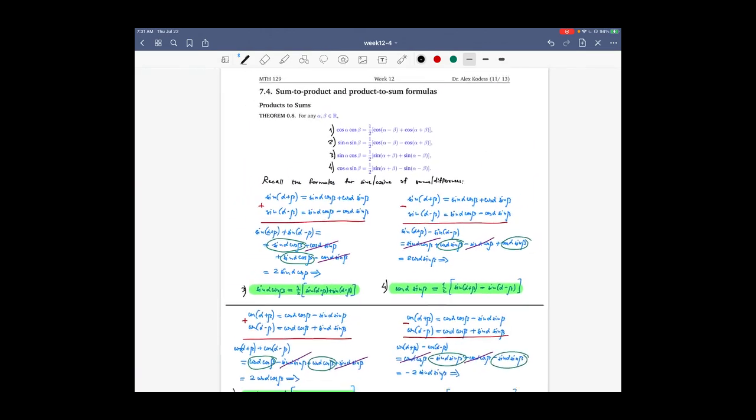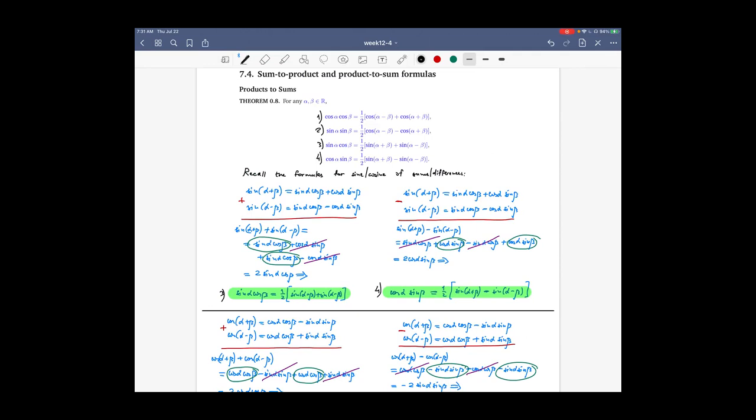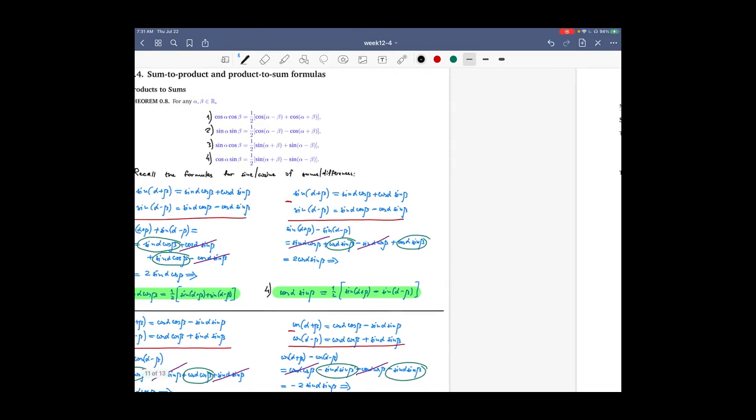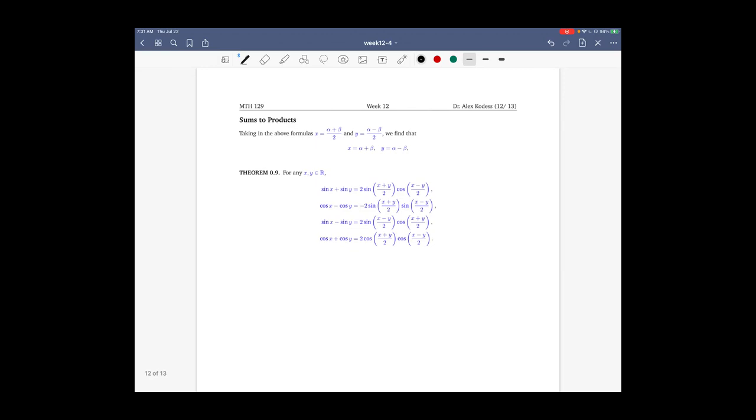All right. Now, formulas that turn sums to products are also very useful, especially in calculus, in various proofs.